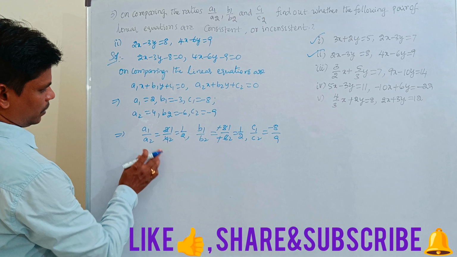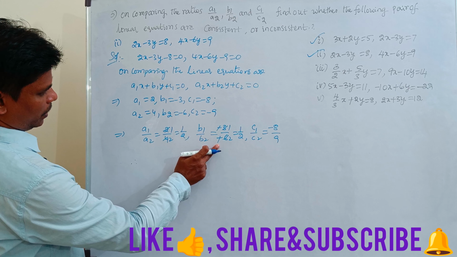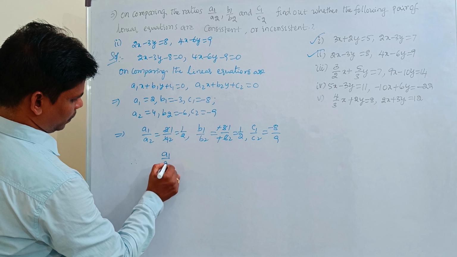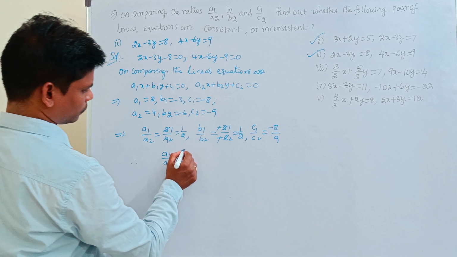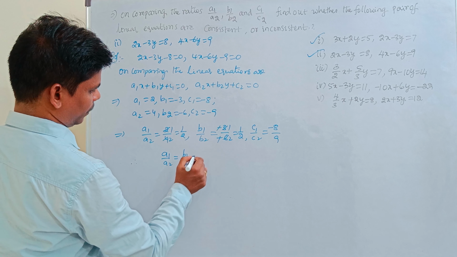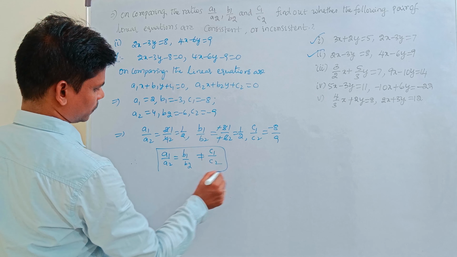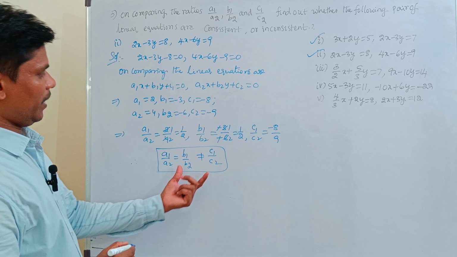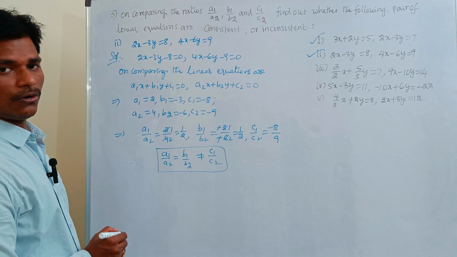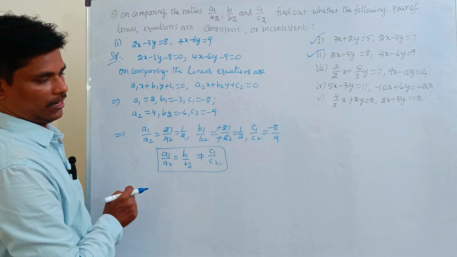So what is your condition? This ratio and this ratio are equal. So a1 by a2 is equal to b1 by b2 not equal to c1 by c2. So the pair of linear equations having no solutions, those lines are parallel.